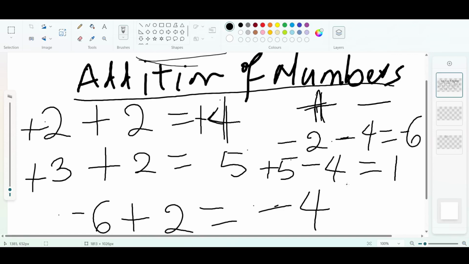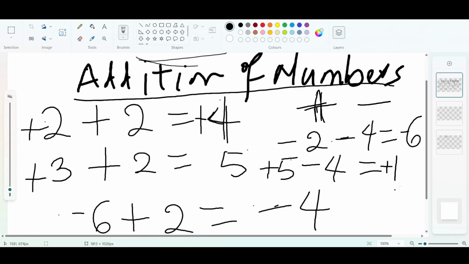Then the answer will have the sign of the bigger one. So the sign that the bigger one has is what? Positive. So that is why this one is +1. So we could either write it as 1 or write it as +1.